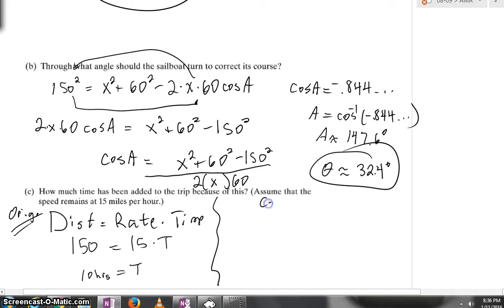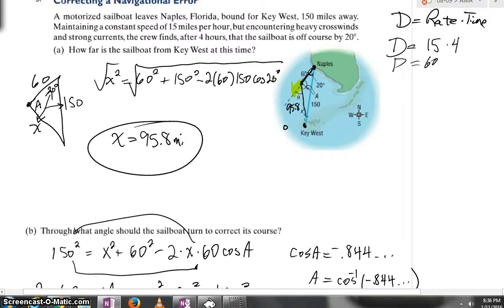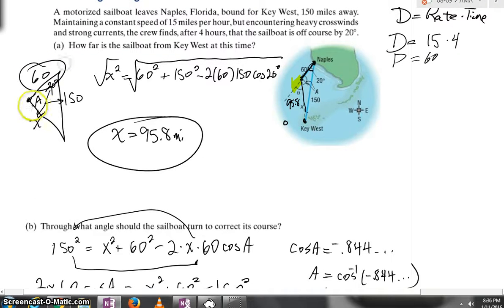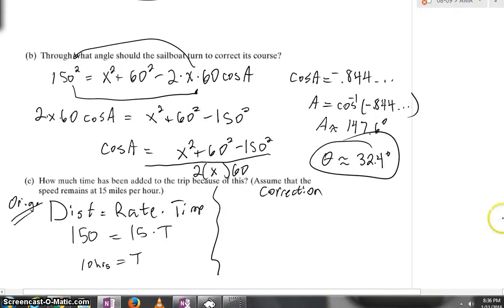But now, because of the correction, once they noticed that they were off course, you can notice that they were traveling 60 and x. They had to go 60 right here, and then they have to come back 95.8. So that's really 60 plus 95.8. That's your distance.